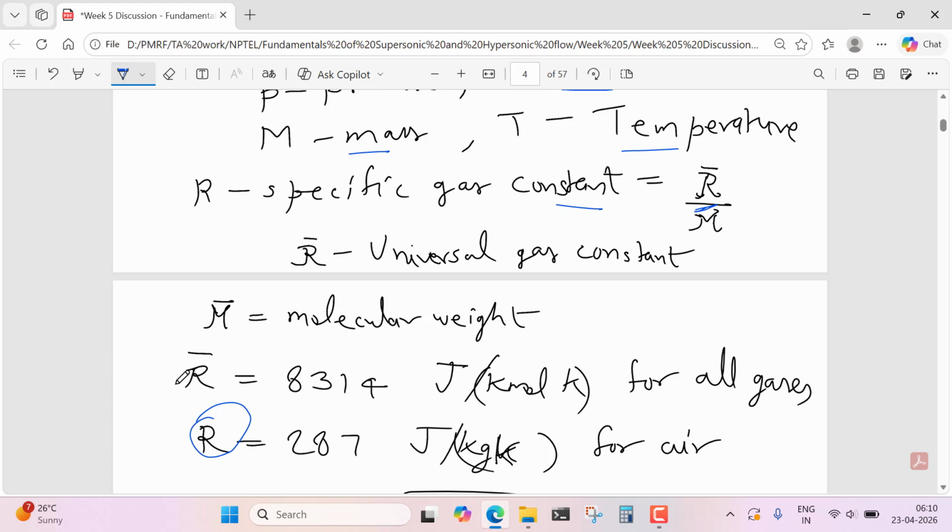Here I have written the value of R bar, which is nothing but 8314 joule per kilomole Kelvin, which is for all gases. And the R value will depend on the gas. For air, you can remember this value, which is 287 joule per kg Kelvin.